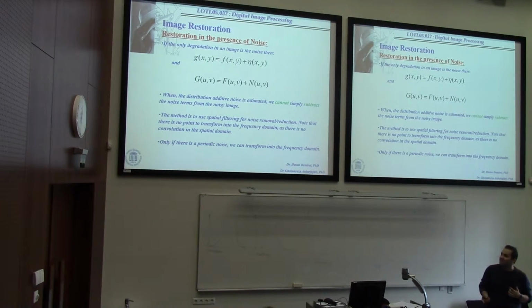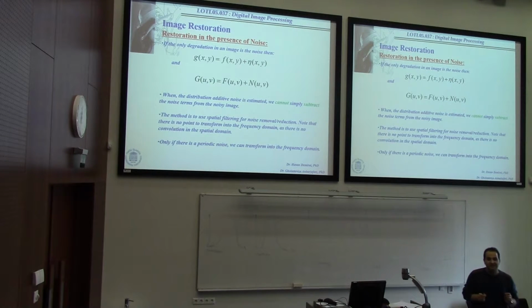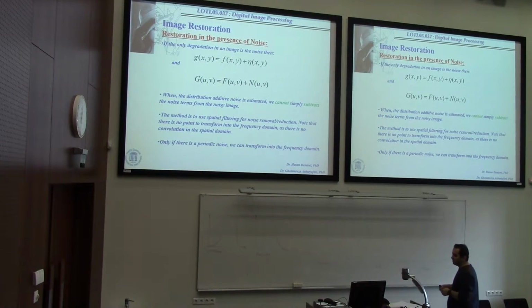And it's suggested that when you want to work on noise reduction or something like this, you don't need to go to the frequency domain. But if you have a periodic noise in your image and you know it, or you estimate it, you detect it in the image, it's better that you go to the frequency domain and apply the filter on them.